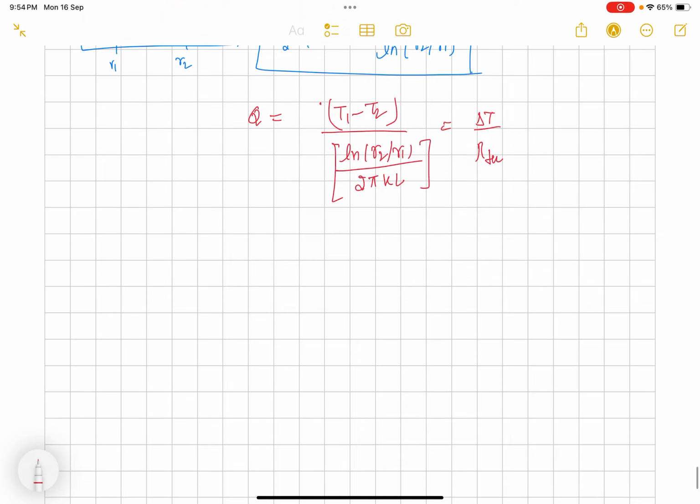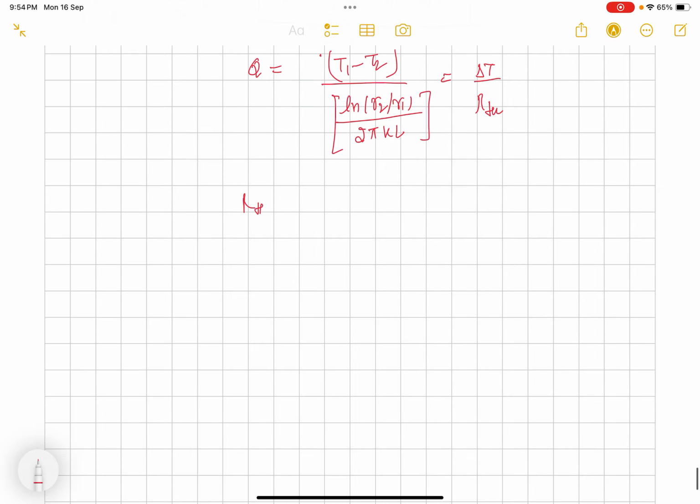So the thermal resistance for the hollow cylinder comes out to be ln R2 by R1 divided by 2 pi KL. For the plane wall we have seen L by KA, and for the hollow cylinder it is ln R2 by R1 divided by 2 pi KL. So for the next part we will see the hollow sphere case.